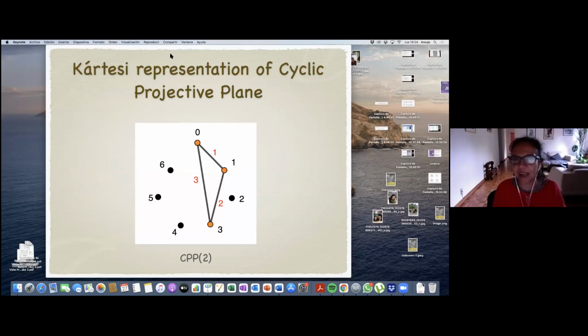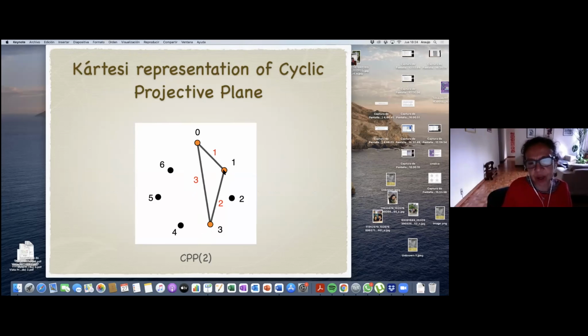That is very nice. This is a Cartesian representation of a cyclic projective plane, and here you have 0, 1, and 3. And this is a difference set because, if you subtract these two elements, you obtain all the elements of Z_7.